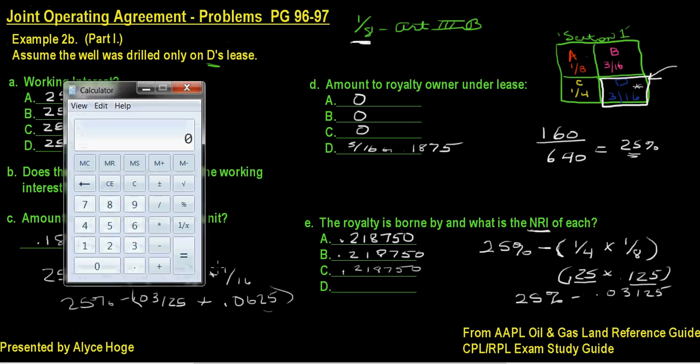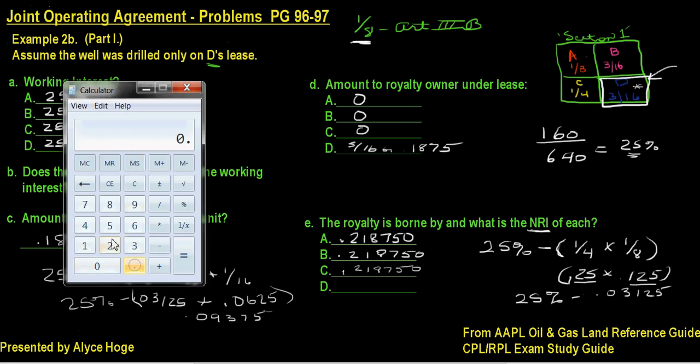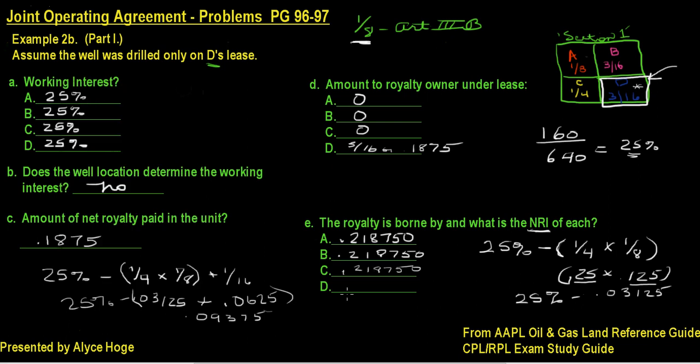That's going to be 0.03125 plus the extra 1/16, which is 0.09375. And we're going to subtract that from 25%. And that's going to make D's net revenue interest 0.15625.